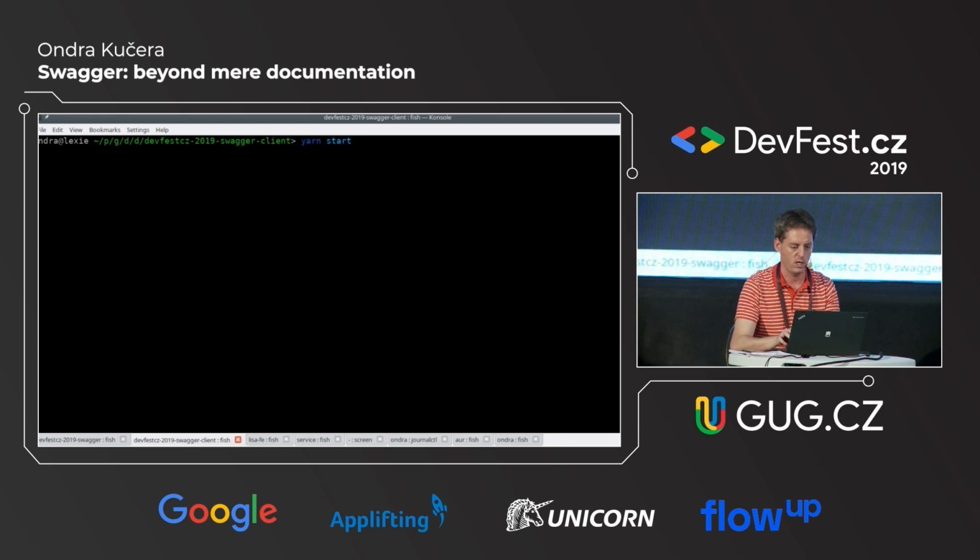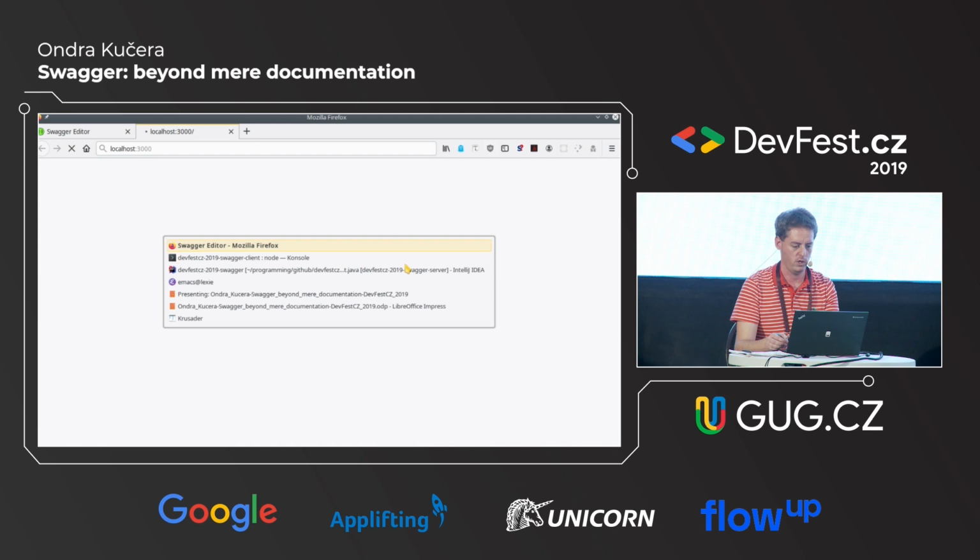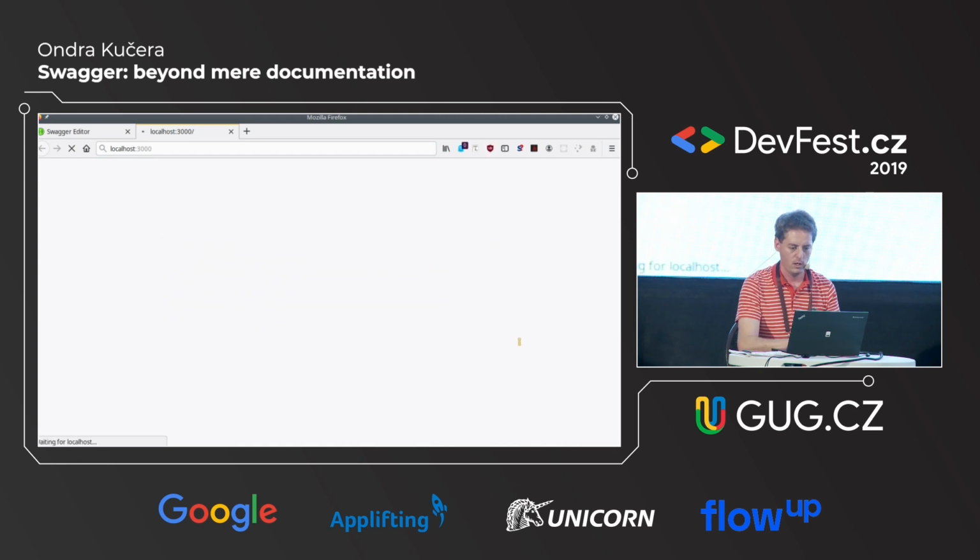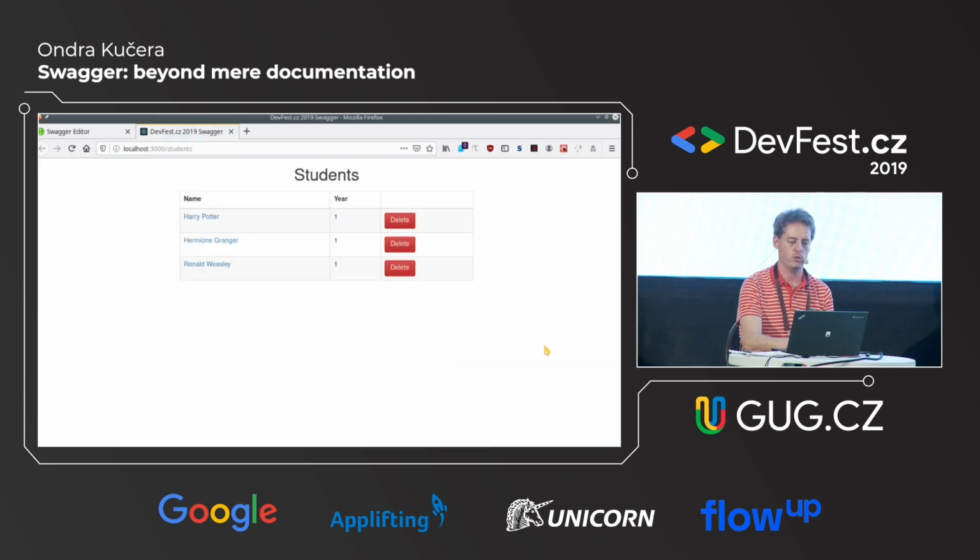So we are on start. Yeah, okay. Yeah, so I've got some students. It's not connected to the server yet, right? So I've got some students, and I can click on a student.